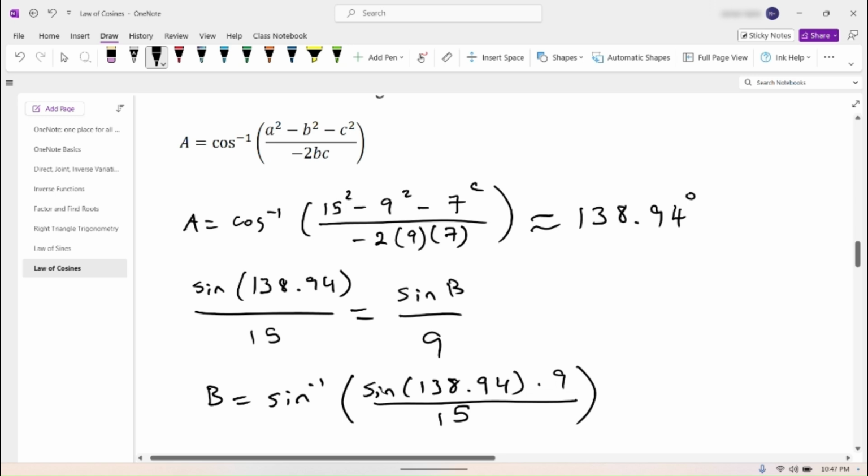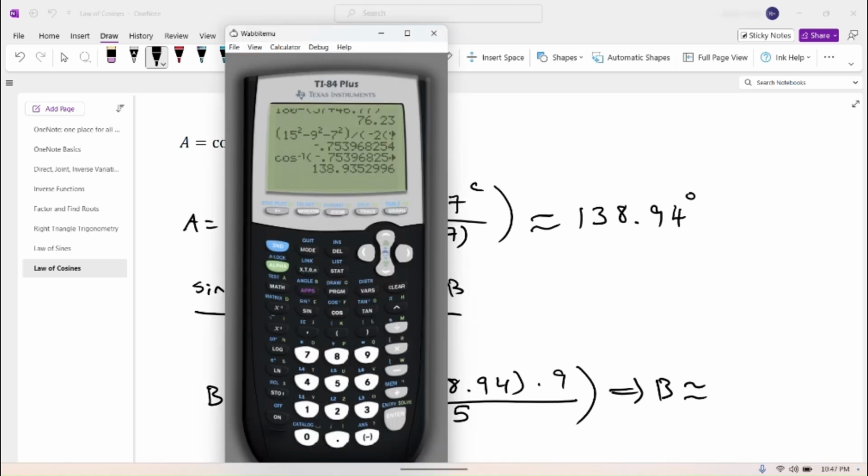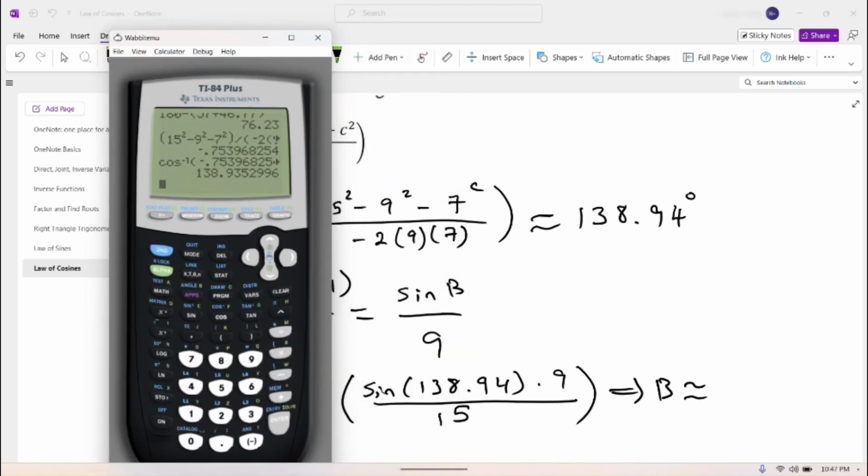All right, so using our calculator now, let's see what we get. I'm going to do it in chunks again. Sine of this number, close parentheses, times 9.